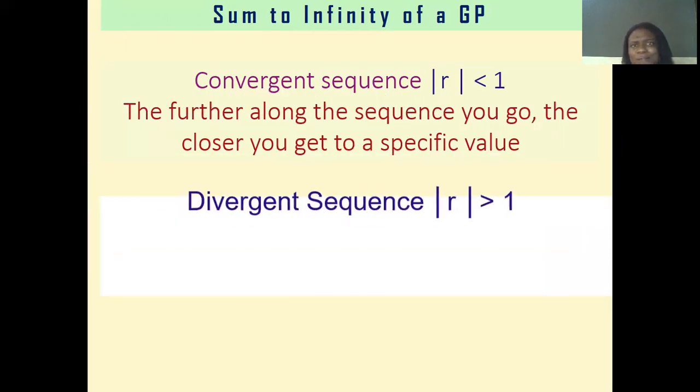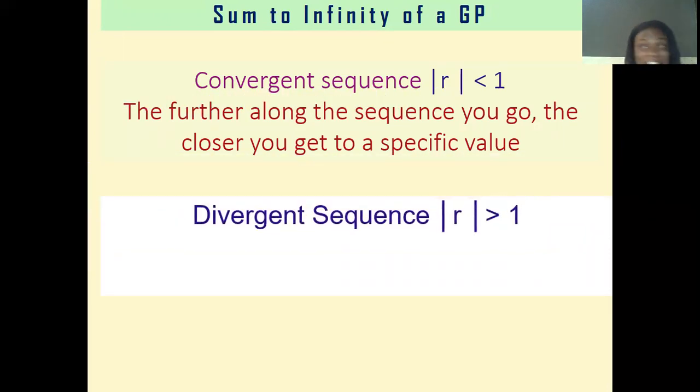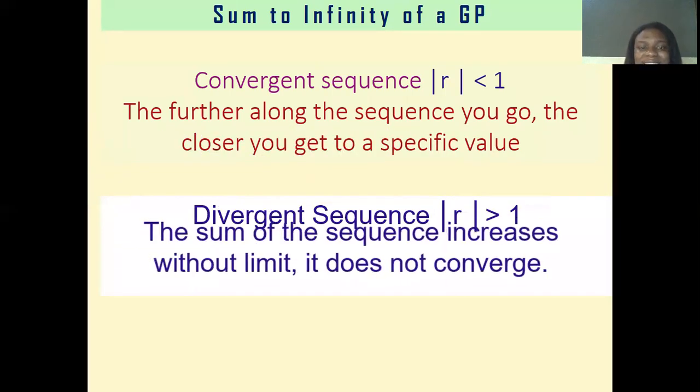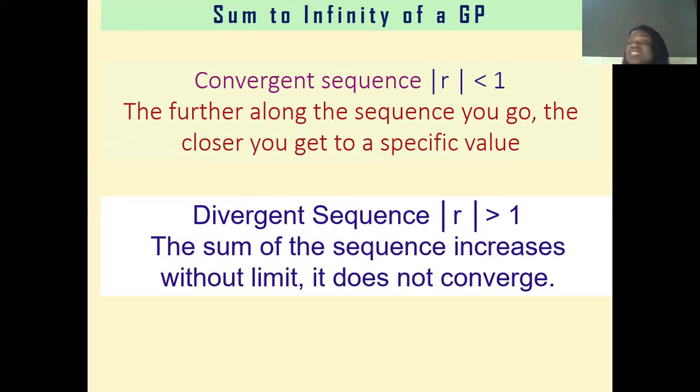Then we have another type, which is called the divergent sequence. I don't know if you've watched Divergent, but I don't think you're supposed to have. The divergent sequence is characterized by a common ratio that is greater than 1. It means that the sum of the sequence doesn't converge. It increases and keeps on increasing without a limit.